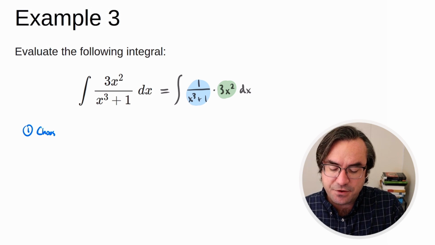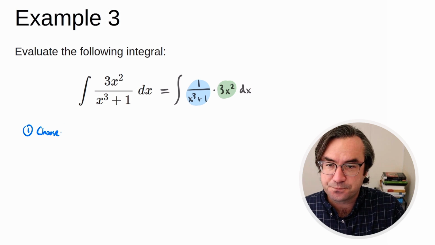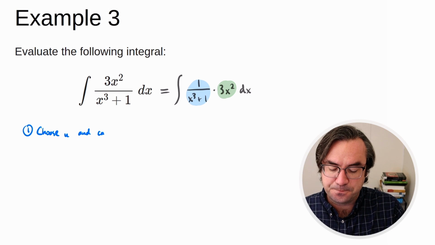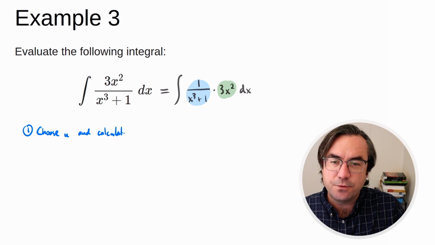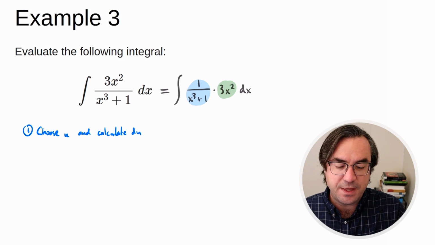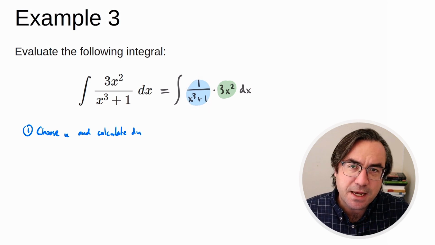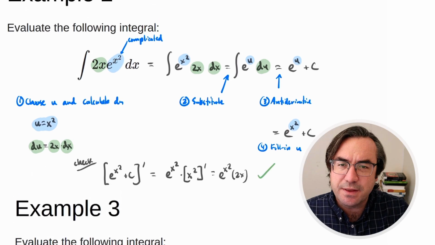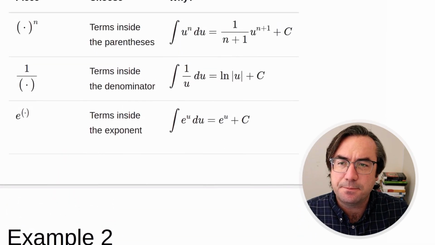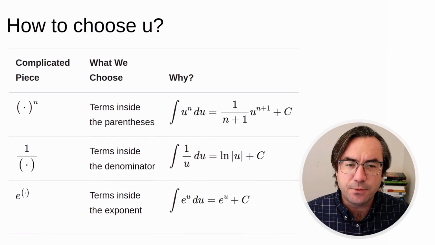And then once we have u, we're going to calculate du. All right, so let's choose u, and then we'll calculate du. And we're going to do that from this complicated piece. And again, it's helpful, especially when we're getting the hang of these, to go back up. So how do we choose u?